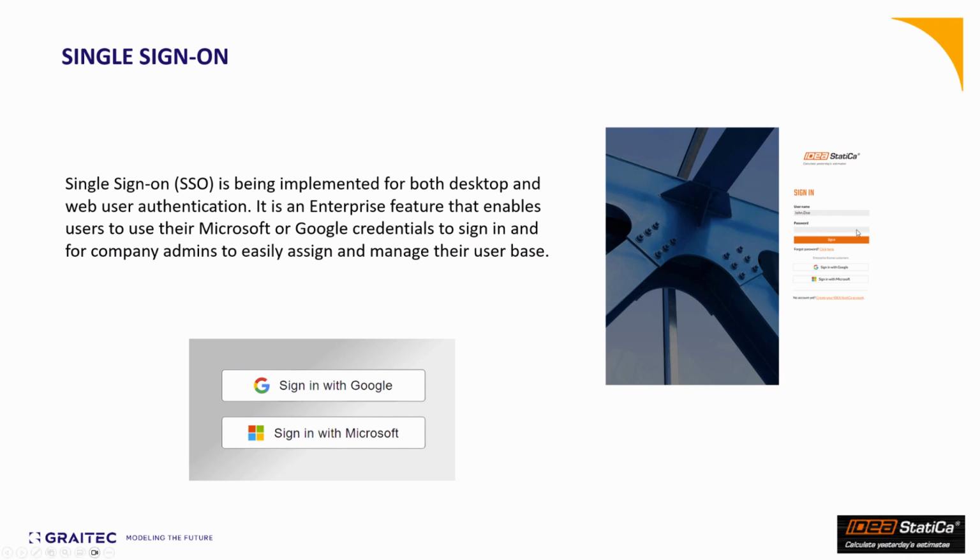Before, in other versions, you had to have your own username and password, but now you can also sign on with either your Google account or your Microsoft account, so it can be linked to your IDEA StatiCa, which is going to help you with assigning and managing your user base of, let's say, large companies or people that have several licenses or seats. They can just have their Google or Microsoft sign-in attached or linked to their IDEA StatiCa sign-in.